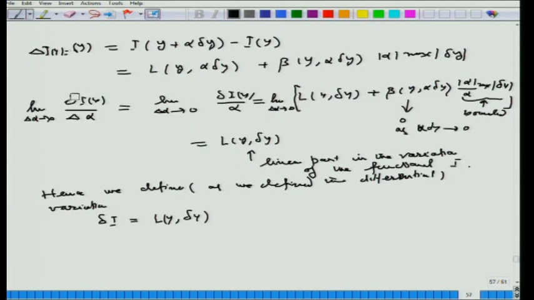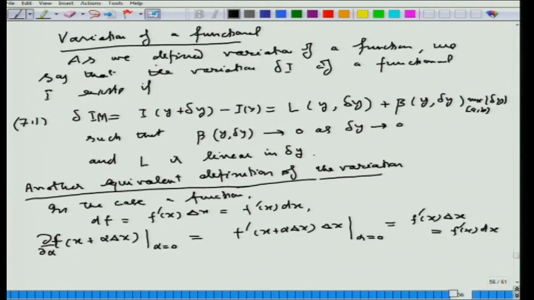This also will change to delta, so that we use different notation for the variation and the difference. Similarly, here let me correct that. Okay. So here also we change this to delta.